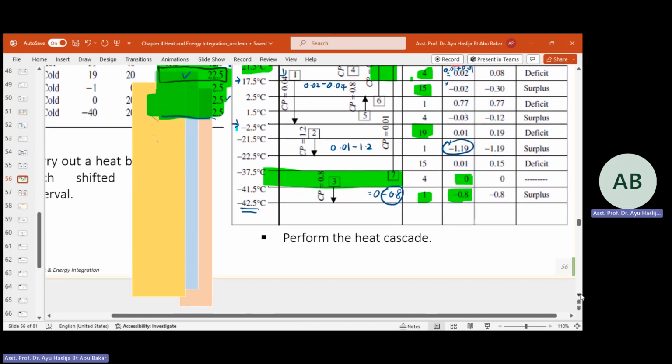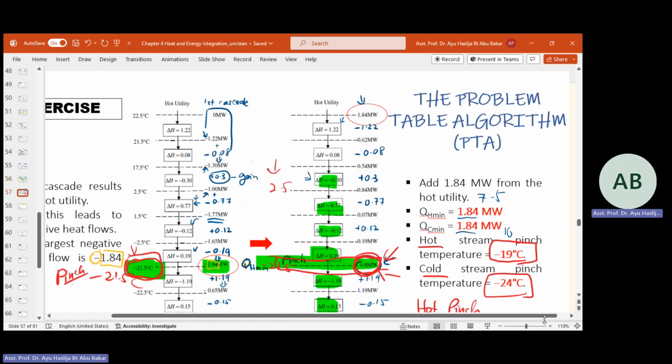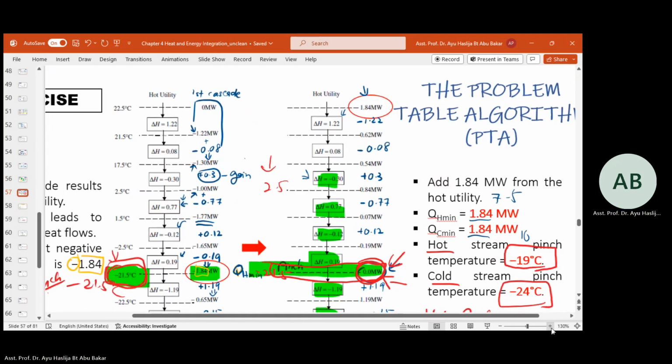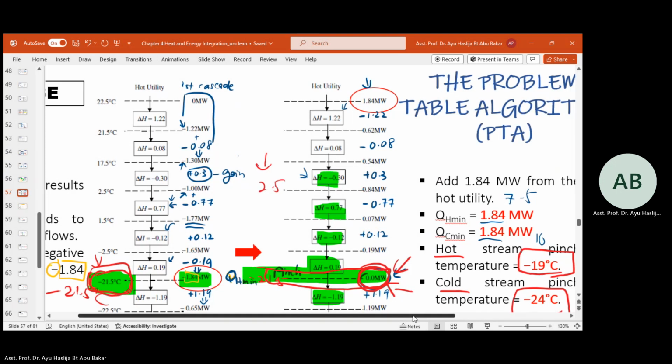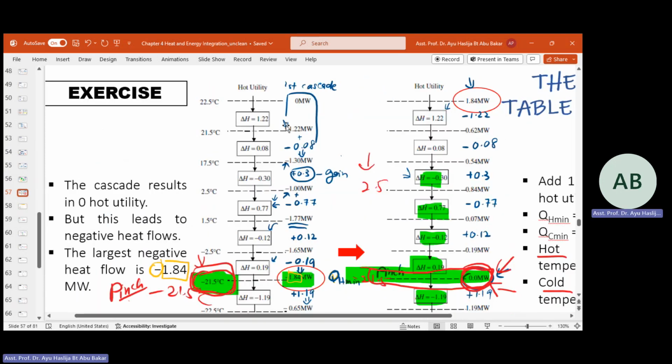The first heat cascade always assume 0. The purpose of the first heat cascade is to find your hot utility. How much is your hot utility? Hot utility is the lowest negative value.